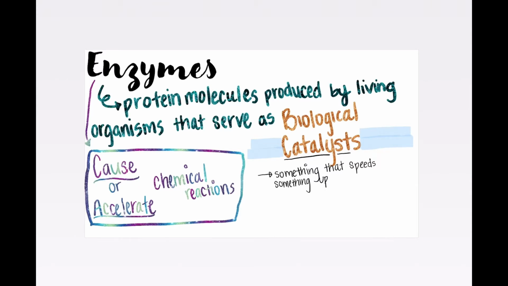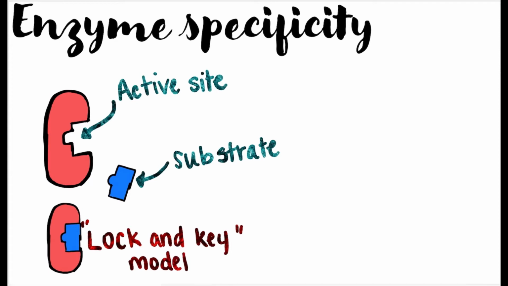The next thing that we need to know about enzymes is enzyme specificity. So we have a labeled diagram over here of our enzyme. You know where your active site is, and we should know that our active site is directly associated with our substrates. What does that mean?